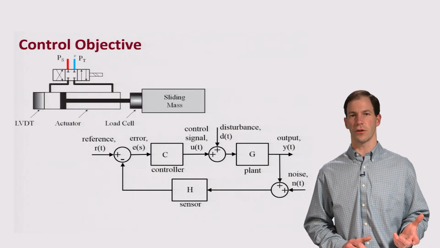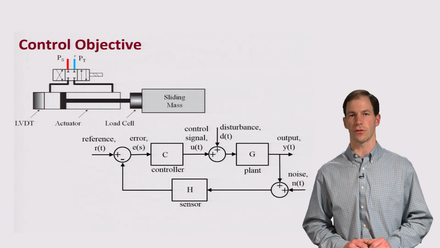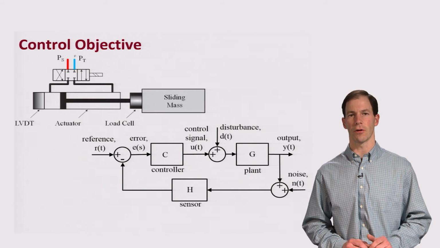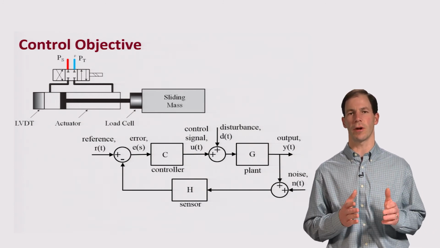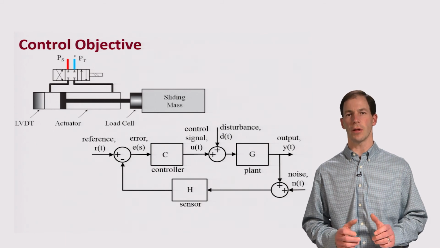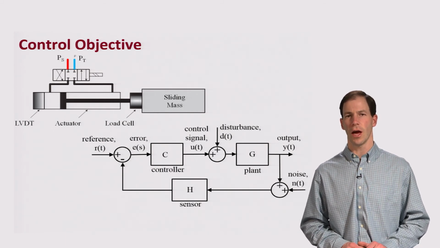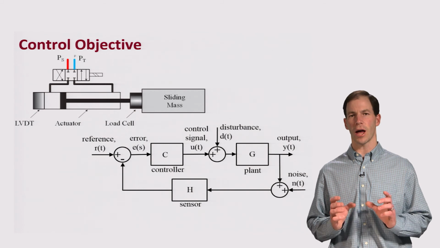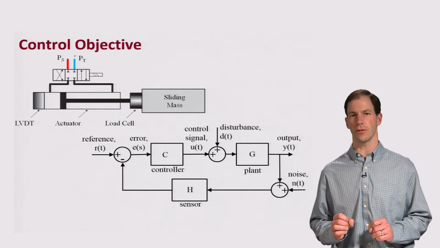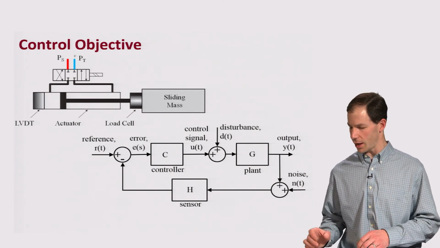So let me go back to the physical system. This again is the linear servo-hydraulic system that we have in the lab, and we're trying to control the position of this mass moving back and forth. We developed the block diagram of this system previously, and you'll notice that I've added a couple of summing blocks that we did not have before.